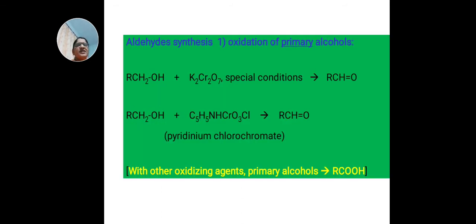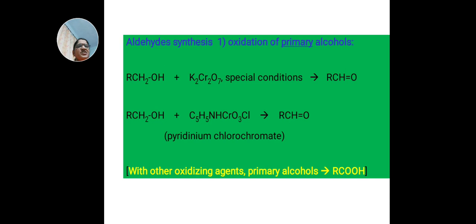The next point, aldehyde synthesis or preparation. Then first method, oxidation of primary alcohol. The general reaction of this oxidation of primary alcohol is RCH2OH plus K2Cr2O7, that is potassium dichromate.